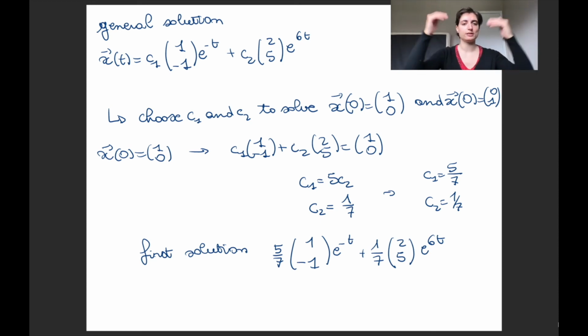Then you solve this and put it in the first equation, and you get that c2 is 1 over 7 and c1 is 5 over 7. So in this first solution that solves x at 0 equal (1, 0), we have 5 over 7 multiplied by the eigenvector that we found before, (1, -1), times exponential of minus t, plus 1 over 7 multiplied by the second eigenvector, (2, 5), exponential of 6t.